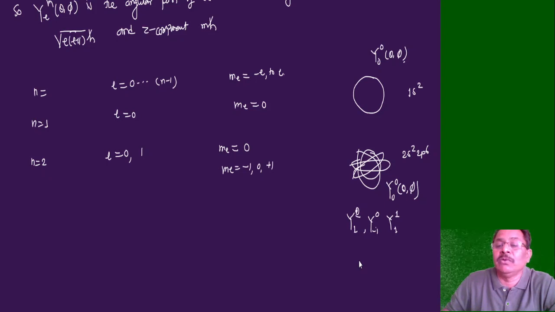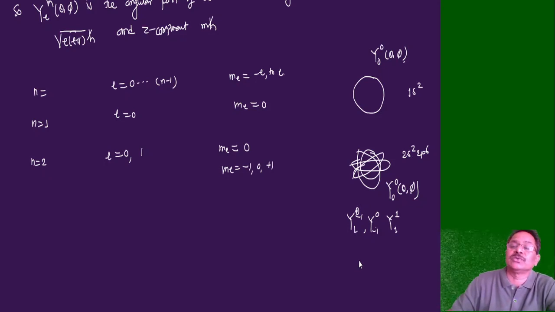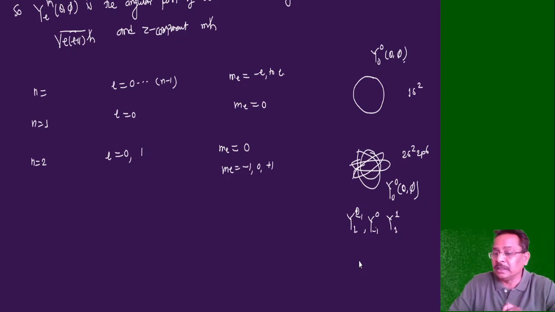These are the ml values, -1, 0 and +1. So there are four orbitals possible, 2s2 and 2p6, that is 2px, 2py and 2pz, and these are the three orbitals. The equations of all these orbitals are represented by the spherical harmonics.